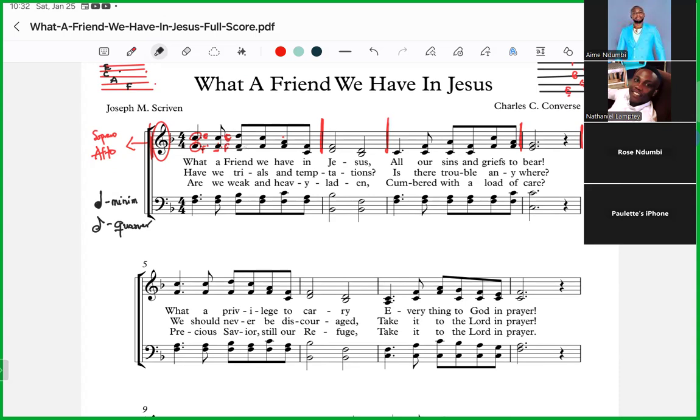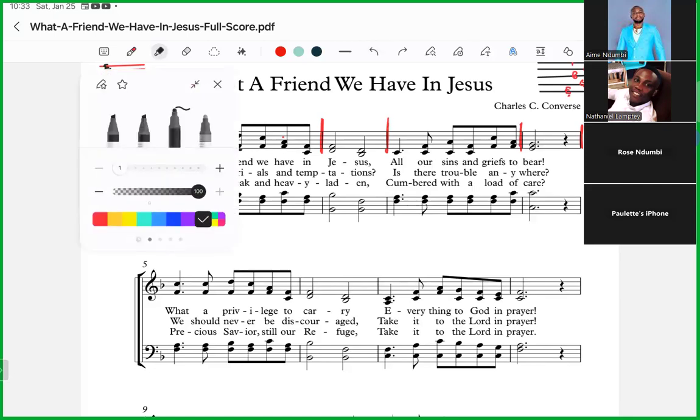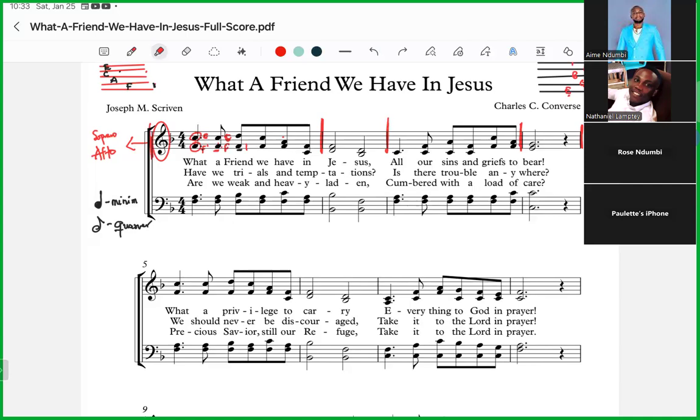Over here the note is in a space, right? And what's the positioning of the space? It's the first space. So you use your reference, this F again, because the first space is an F.